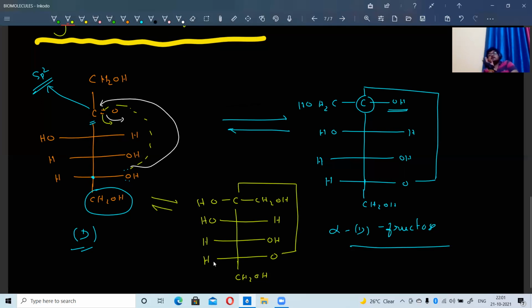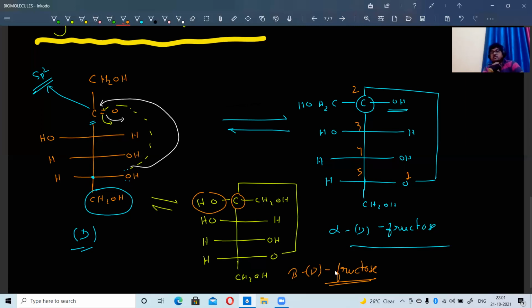Now tell me, how many membered ring gets formed? Number one, two, three, four, five. So in this case, a 5-member ring is formed. Now check OH here. This carbon is the anomeric carbon, and the OH is on the left hand side. That's why this is the beta D fructose form.